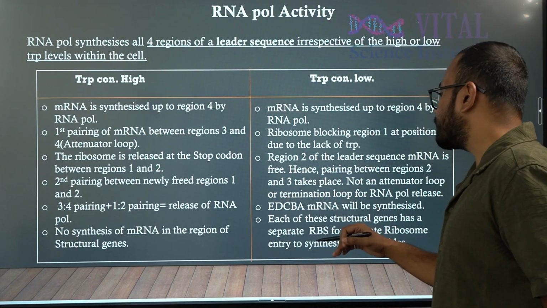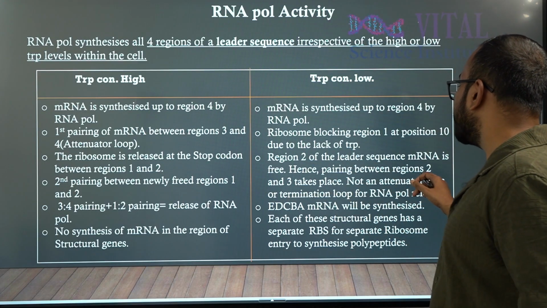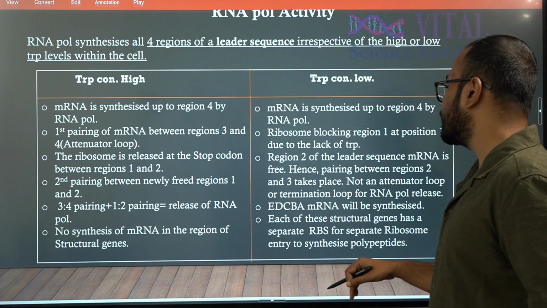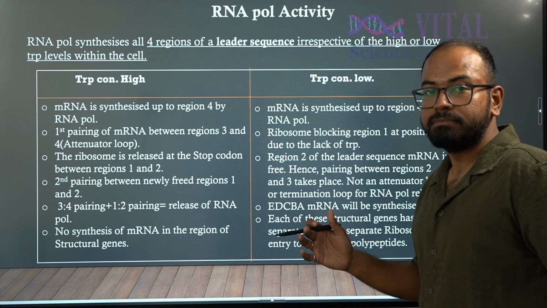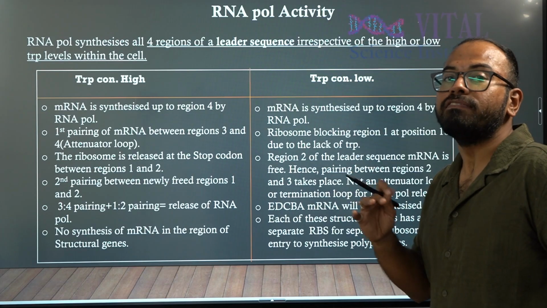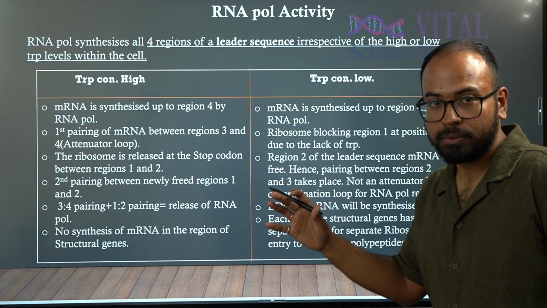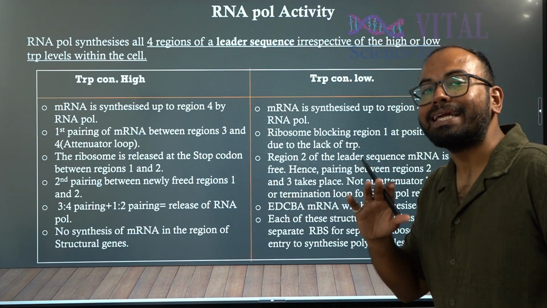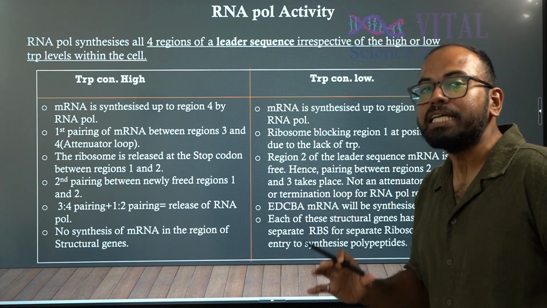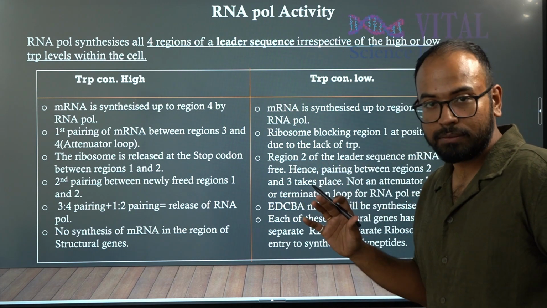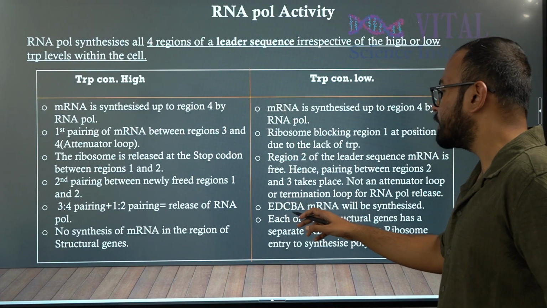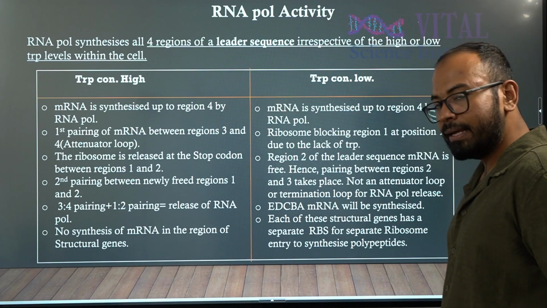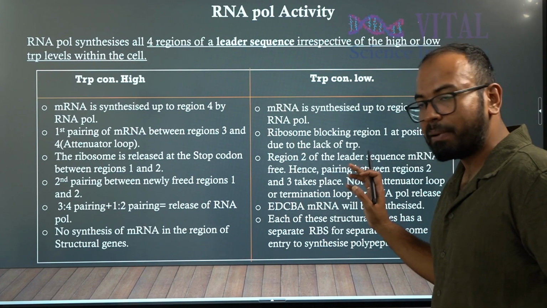When region 2 is free, pairing between regions 2 and 3 will take place. And the region 2 and 3 pairing is not an attenuator loop. Therefore, it will not initiate any termination of RNA pol. As a result, all the structural genes EDCBA will be synthesized by the RNA pol.